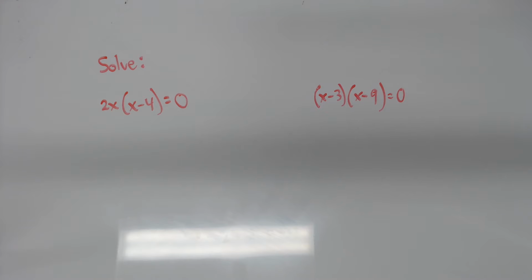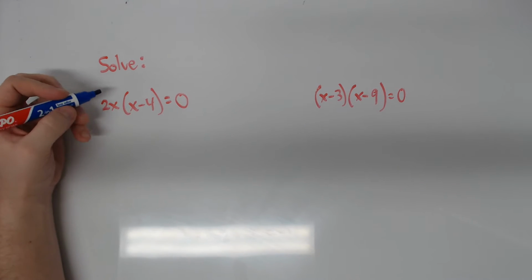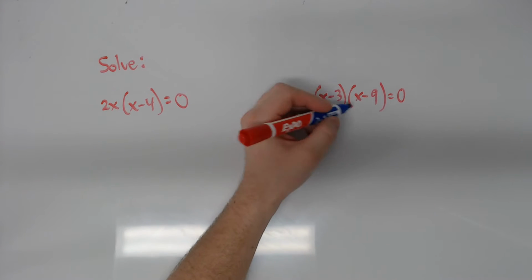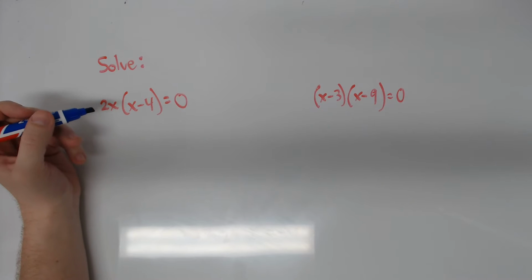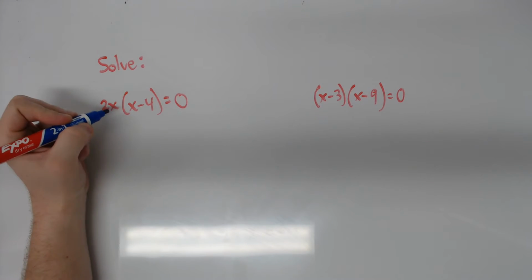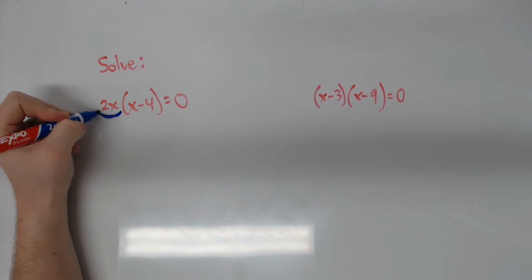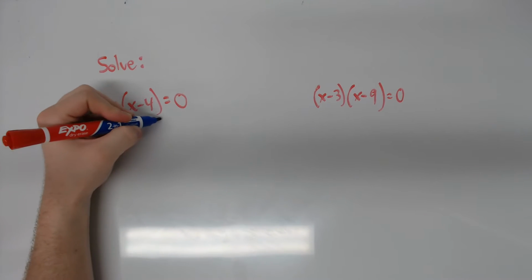So this is what a zero product property problem looks like. These are things that are already in factored form. We will learn how to get bigger equations to look like this later this unit. But this is a factor, and this is a factor.